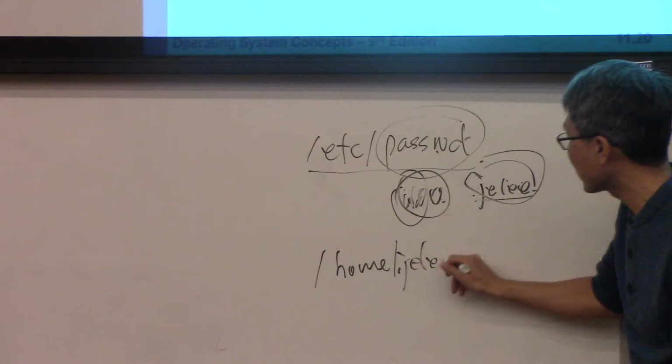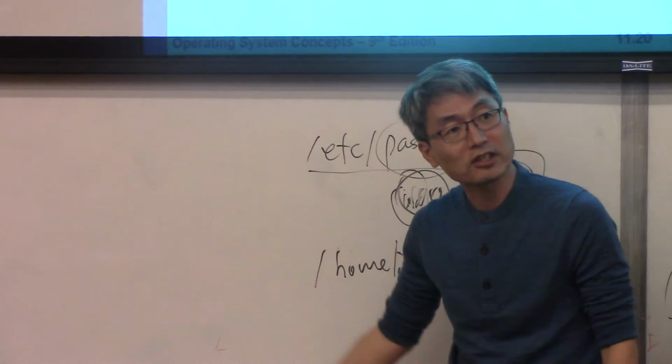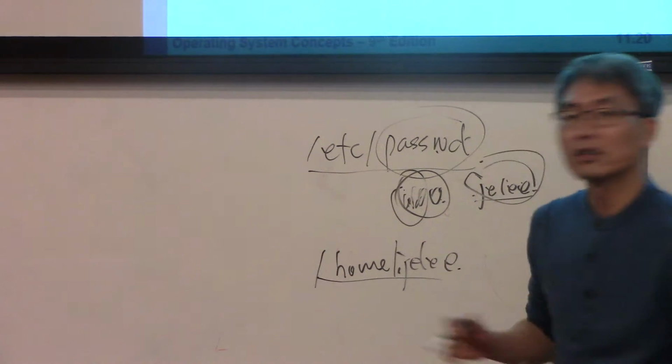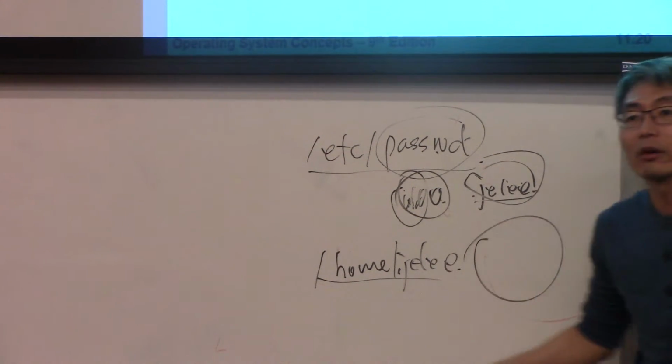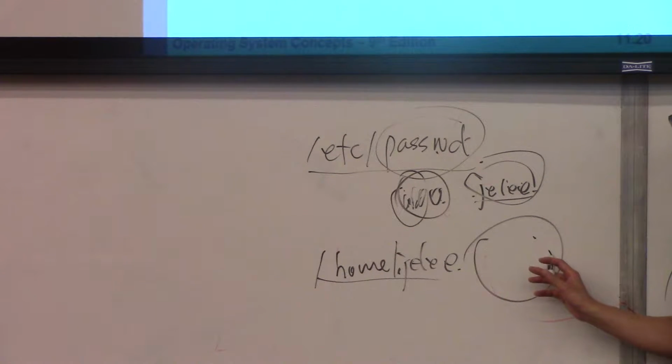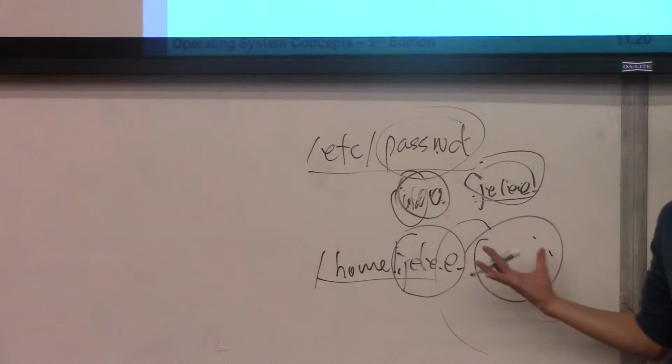Using the same username, this may be different depending on the operating system. Windows is the same thing. So this directory means all the files that I'm going to create here will be under it. It's a group by user.